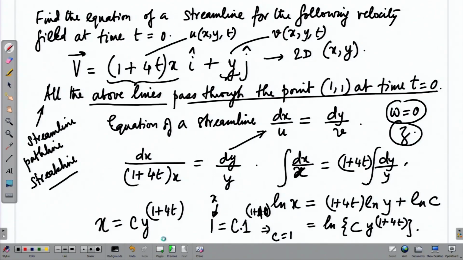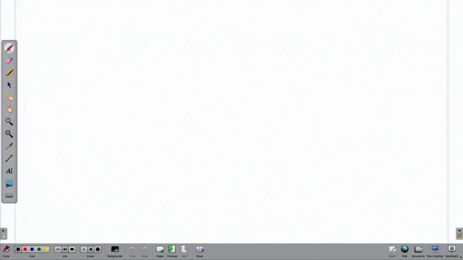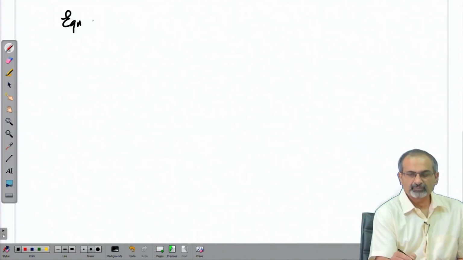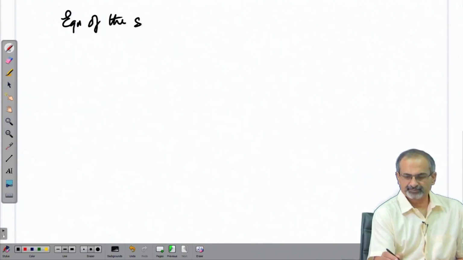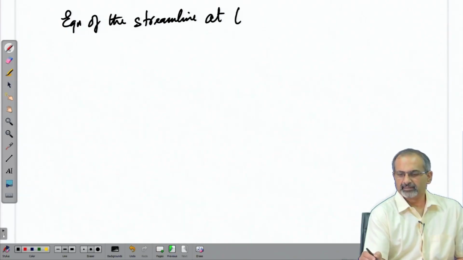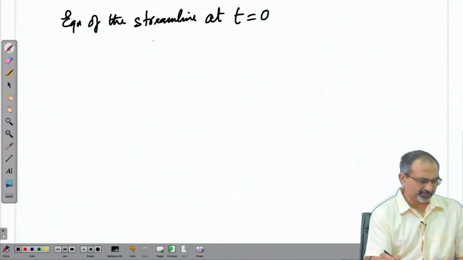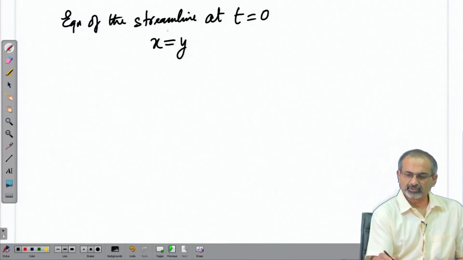Therefore, finally, what do we get? We get the equation of the streamline at t equal to 0 as x is equal to y.